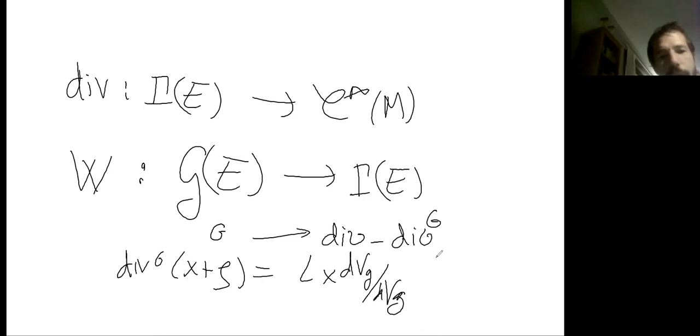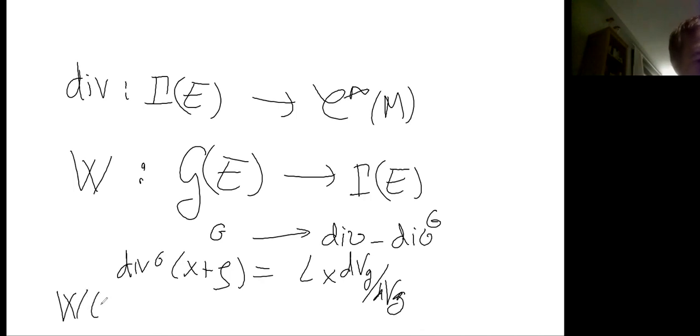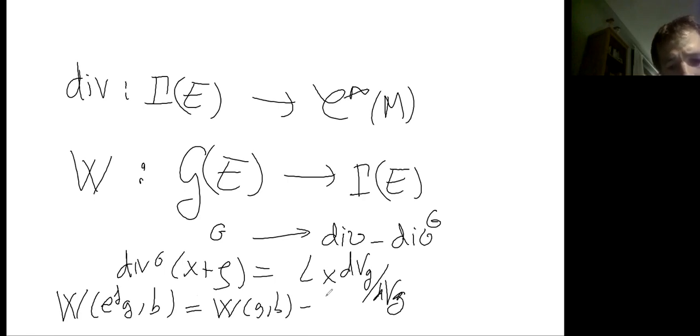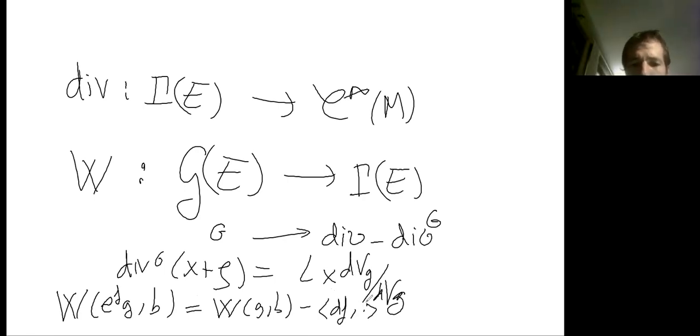Well, this W here satisfies something analogous to the properties of a Weyl structure, which is that if I take my W and evaluate it explicitly on a generalized metric cooked up out of a metric of the form e to the f g and a 2-form B, then this is going to be W of G, B minus n df. And N is the dimension of the manifold.